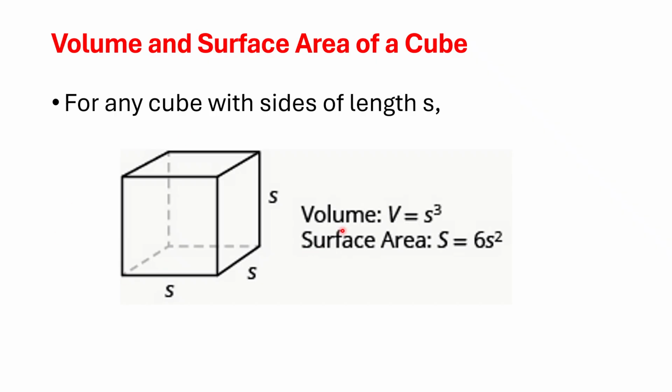So the volume is simply equal to the cube of the side, volume equal to S cubed. And the surface area is simply 6 times the square of the side. So that is the surface area of a cube.